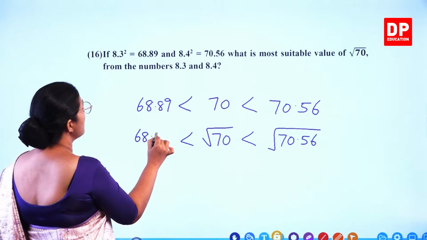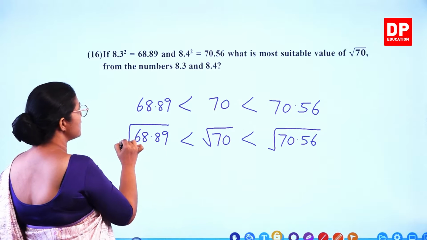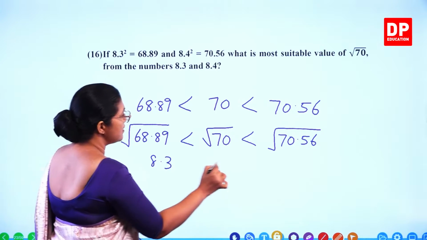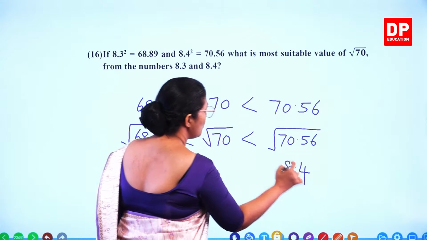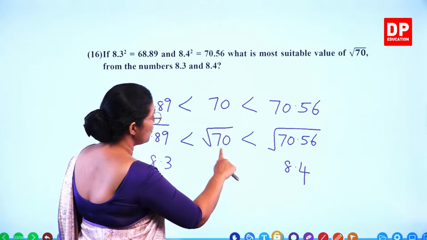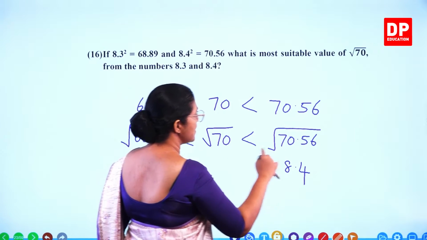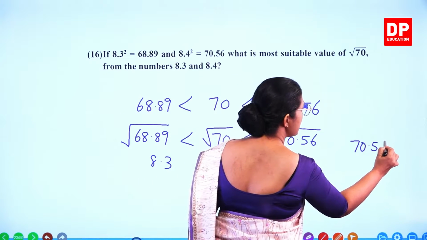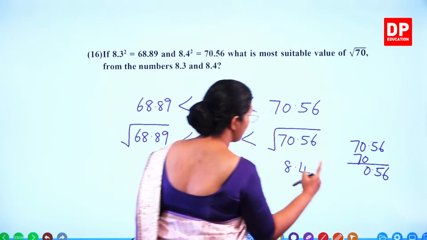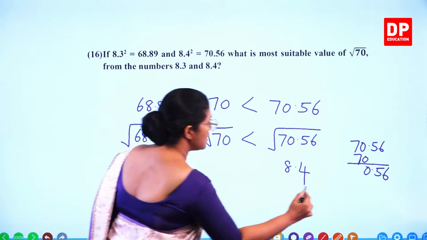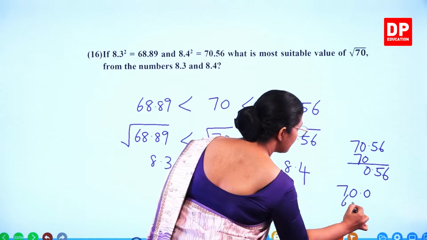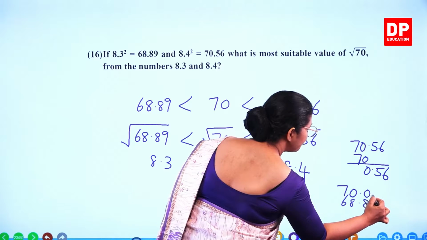Now, which one is the closest value? We take the closest value. So, this is 8.3. This is 8.4. Which one is the closest? We can subtract 70 and see what's the closest. When you take this difference, 70.56 and 70, that's 0.56 is the difference. What about this difference? 70 minus 68.89.